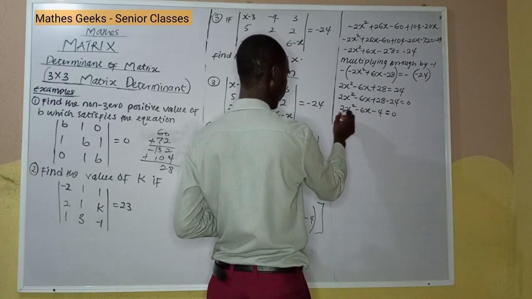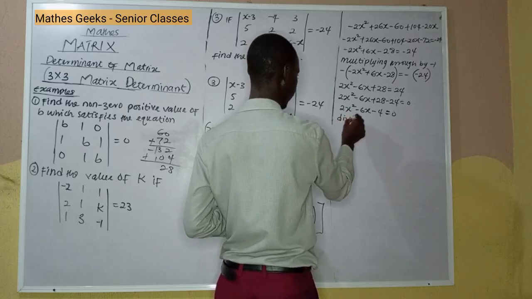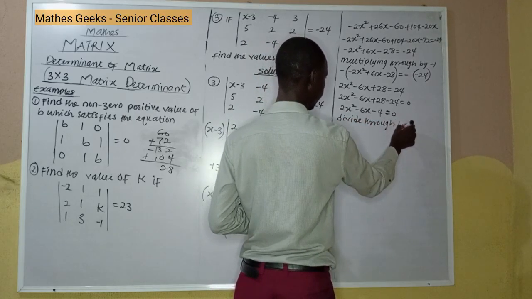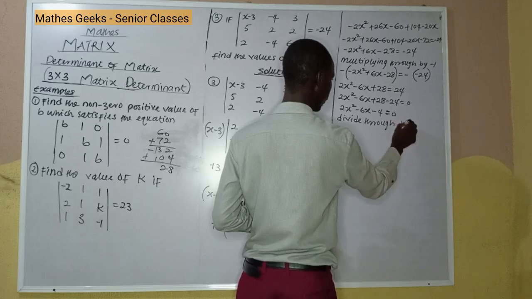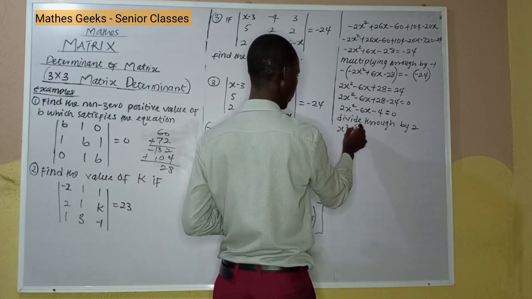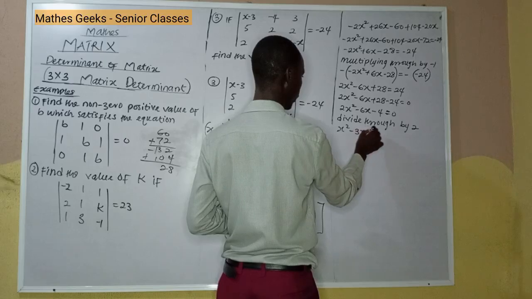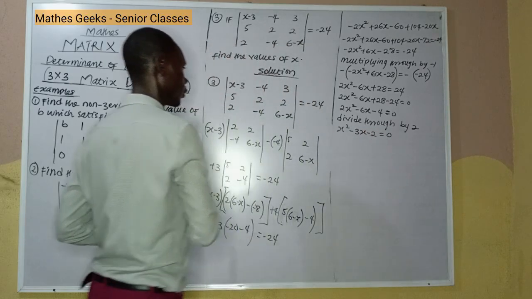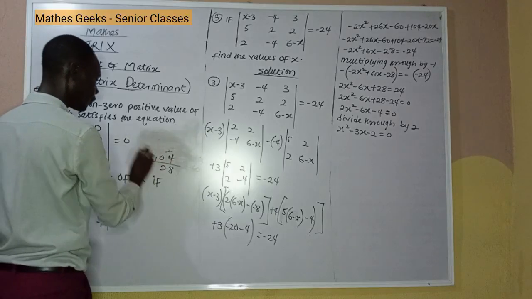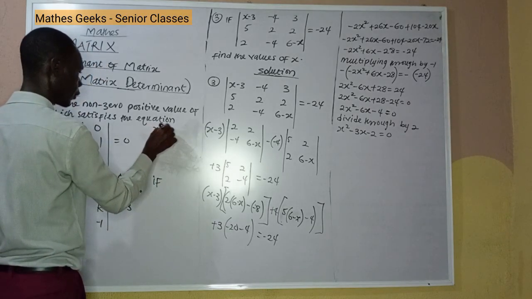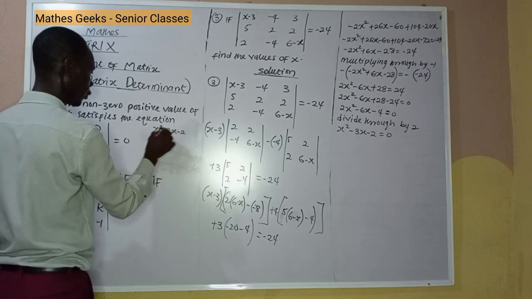Can reduce this by dividing through by 2. So this is x squared minus 3x minus 2 equals 0. Now we're going to look for the factors of x squared minus 3x minus 2.